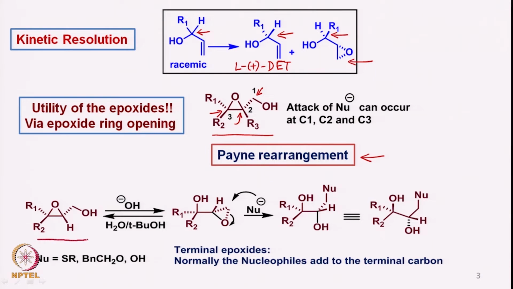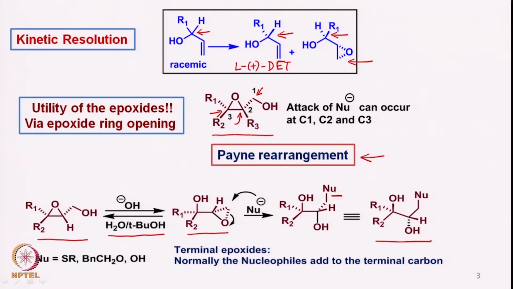So, if we start with this epoxy alcohol under the basic conditions here, OH minus, water, tertiary butanol medium, we get the epoxide which is the terminal one, and then the nucleophile in this particular case will be OH minus, but any other nucleophile we discussed like thiols or amine, then they can attack onto this end of the epoxide and form this particular diol with a nucleophile being there at the terminal end of the epoxide, and eventually we get this product.